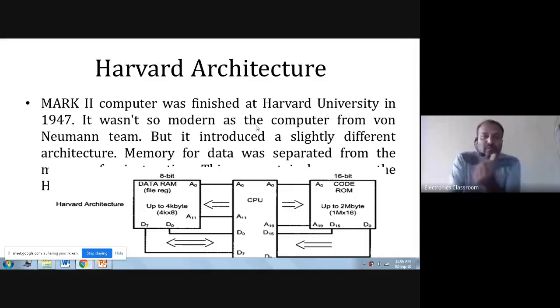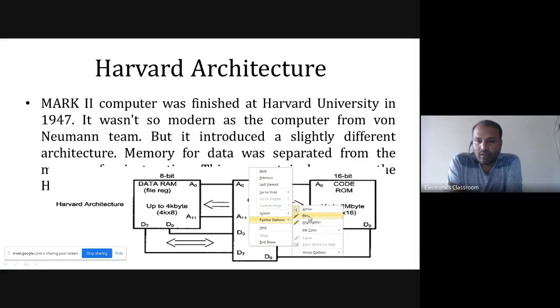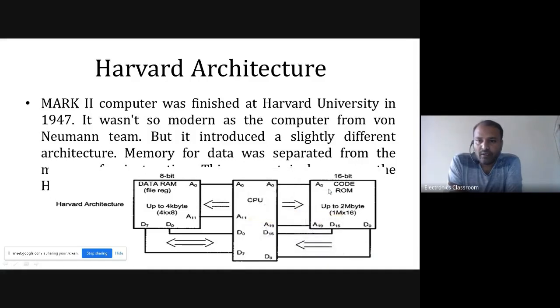If you look here, you can see a typical block diagram representing Harvard architecture. Here we have a central CPU, and our central CPU is connected with code ROM as well as data memory.